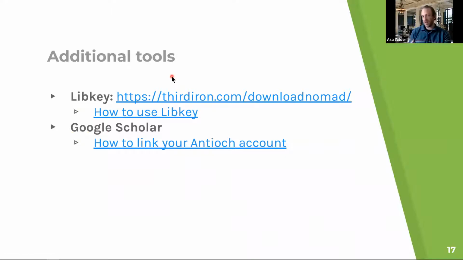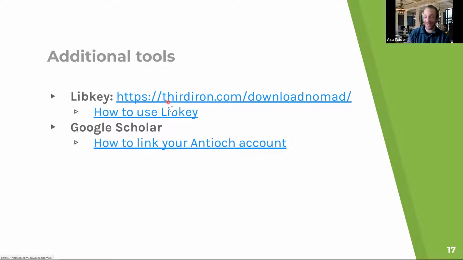And then there are a couple additional tools that I won't go too in depth on, but can help with generating links and finding them. So LibKey is actually a browser plugin that you can connect with AULA Library, and it will generate little links, a little icon next to any items that we hold in the library. And it does it on any web page. It's kind of magical.